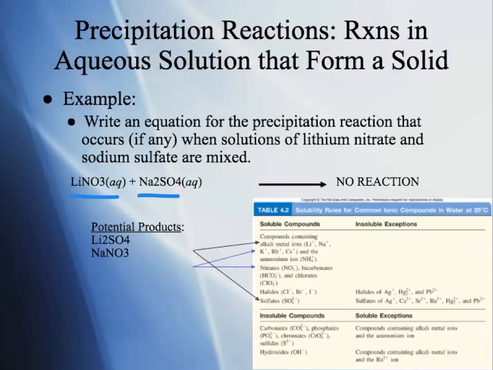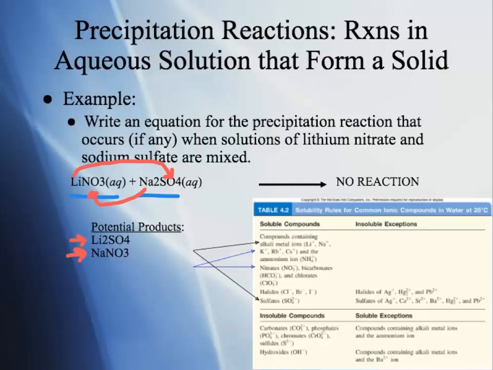These are two compounds that we start with, so they're going to switch partners. Lithium is going to drop the nitrate and go with the sulfate. Sodium is going to drop the sulfate and go with the nitrate. So our potential products are lithium sulfate and sodium nitrate.